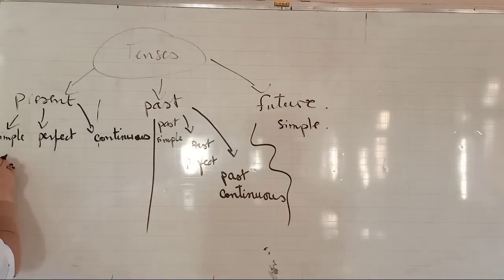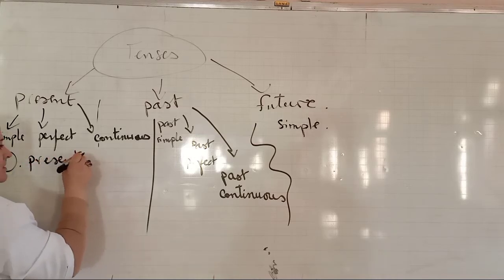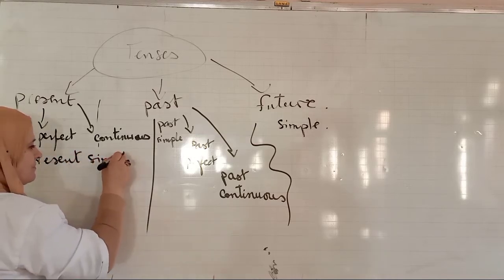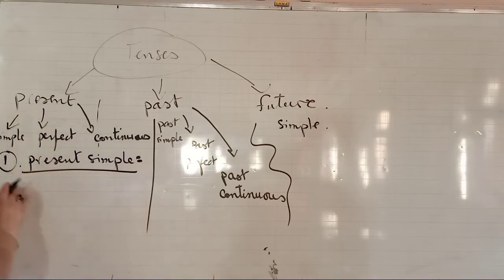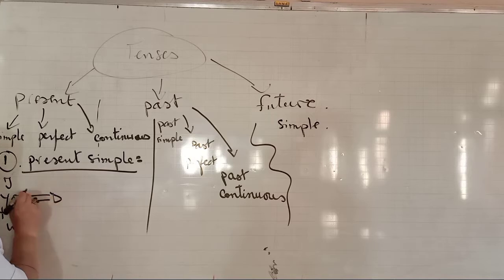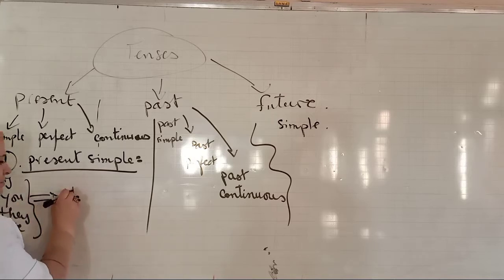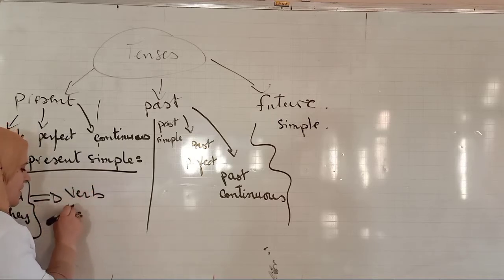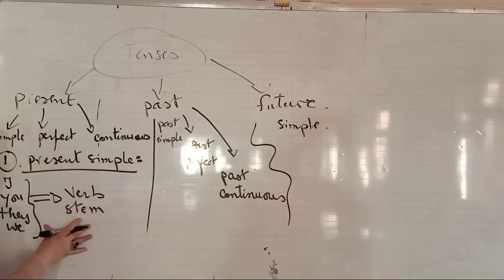So, first of all, number one, the present simple. For the present simple, we have the rule as follows. With I, you, they, and we, the rule is verb stem, which means verb in the infinitive.